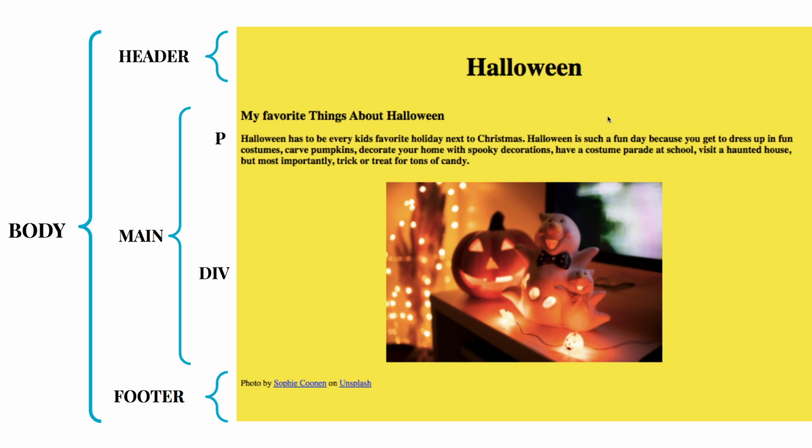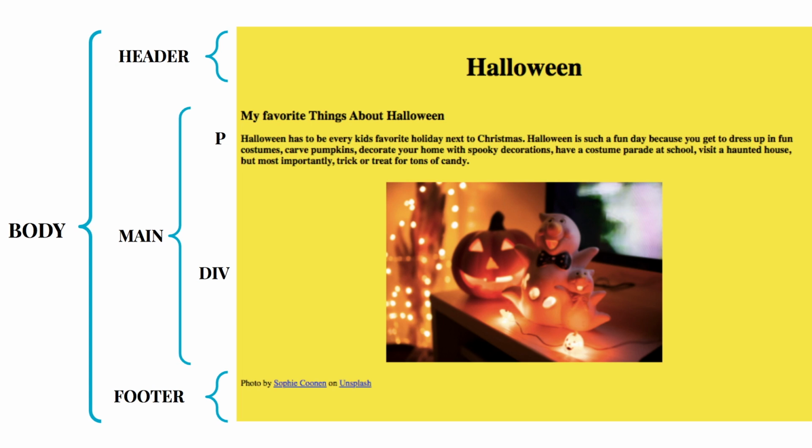I have a paragraph about my favorite things about Halloween. And then I chose to display an image in my div tag. And at the very bottom, what I did for the footer for this web page, I gave credit to the photographer. Okay, so that's just something very simple to connect the dots of how we are going to be using these specific tags.